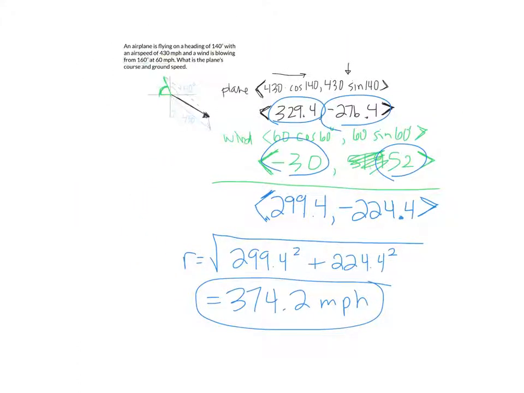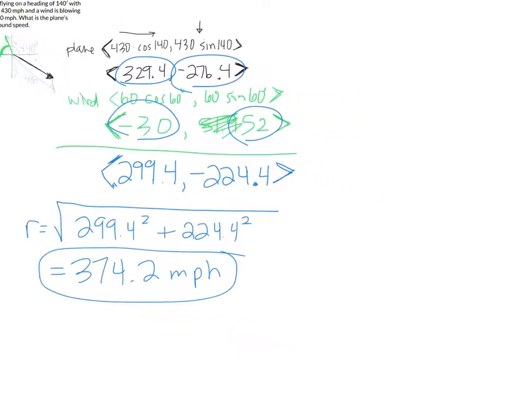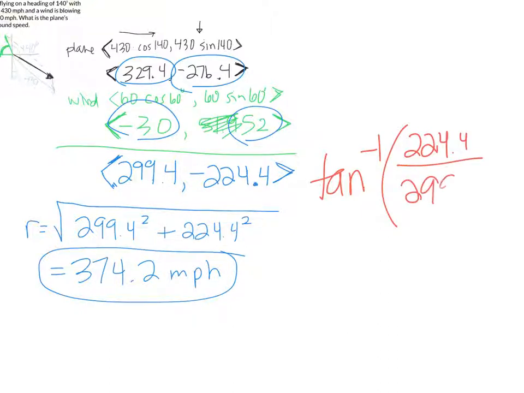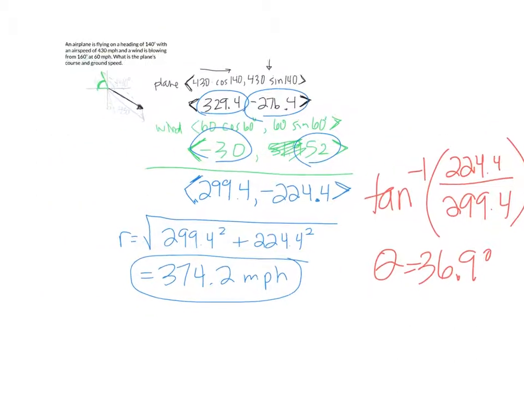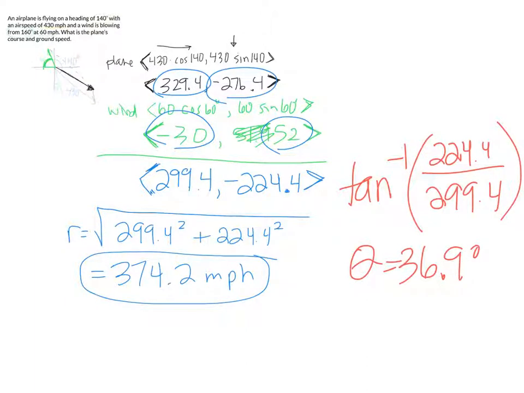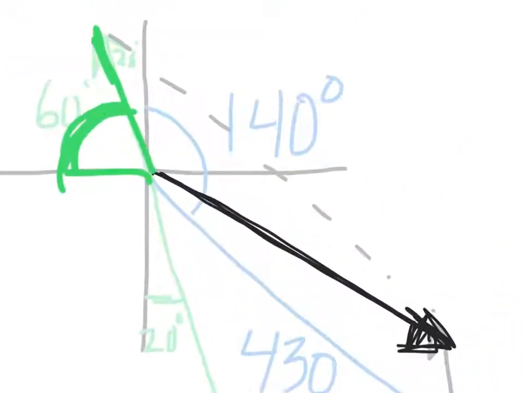The next thing I want to do is find the course. So to find the course of the plane, I'm going to use the inverse tangent of the y value over the x value. So tan is always y over x. So we do inverse tan, 224 divided by 299. I get an angle of 36.9 degrees. Now, you need to remember that this angle is the angle formed with the x-axis.